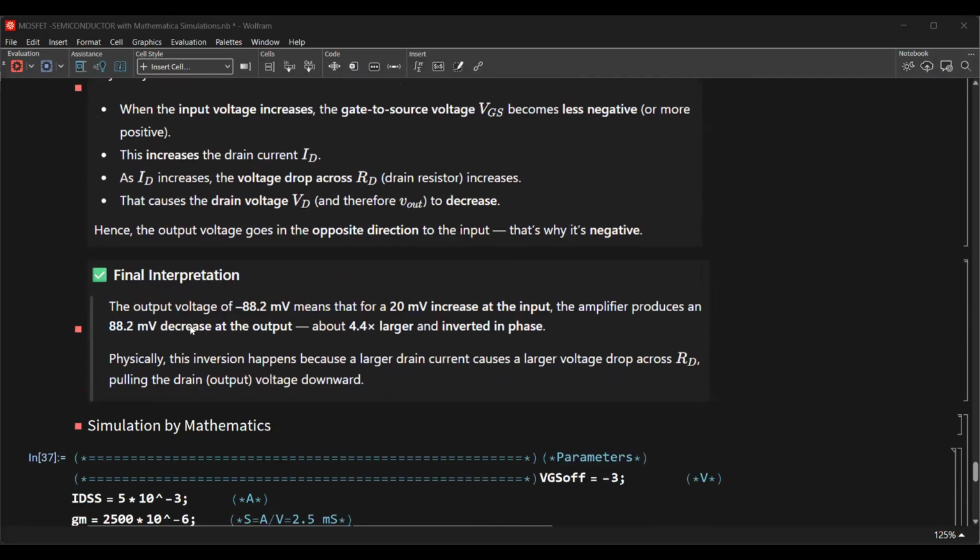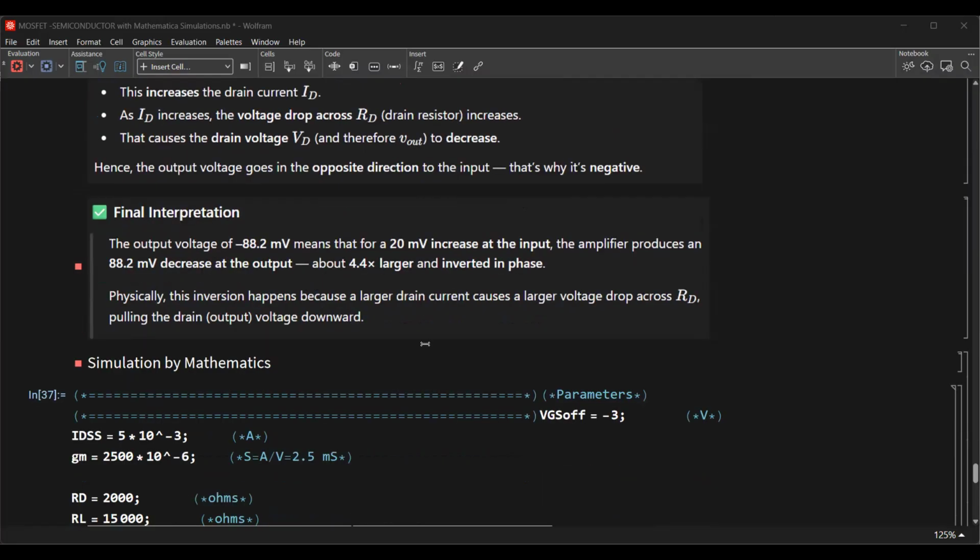So the final interpretation: the output voltage of negative 88.2 millivolts means that for a 20 millivolt increase at the input, the amplifier produces an 88.2 millivolt decrease at output, about 4.4 times larger and inverted in phase.